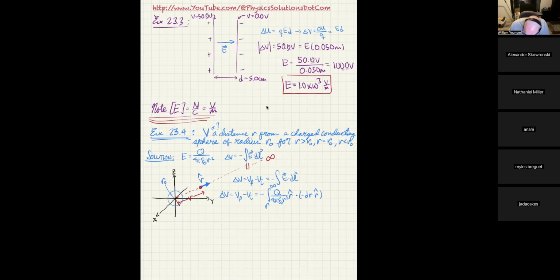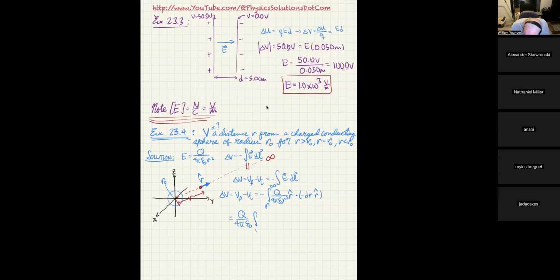Okay. Now that we do that, I've got to use what I taught you about the linearity of the dot product, and I'm going to pull the constants out in front. So right now I have two negatives, the negative with the dr and the negative that's out in front, and I also have a q, a 4 pi, and an epsilon naught that are all constants. So I'm going to pull the two negatives, which make a positive, and the q over 4 pi epsilon naught out in front.